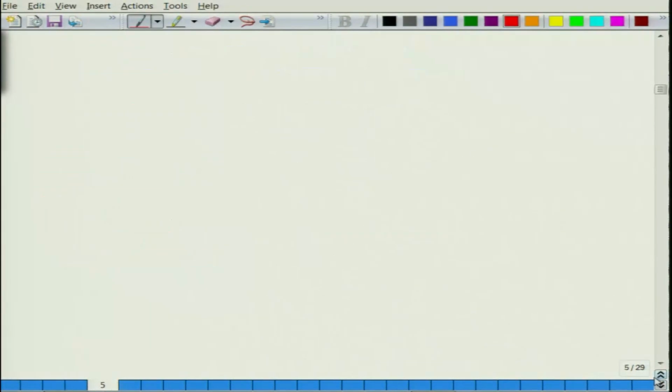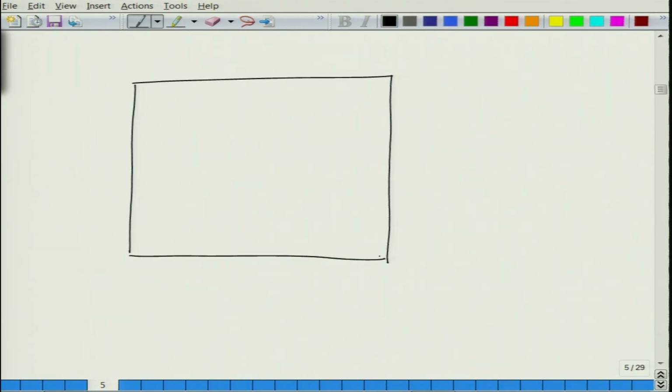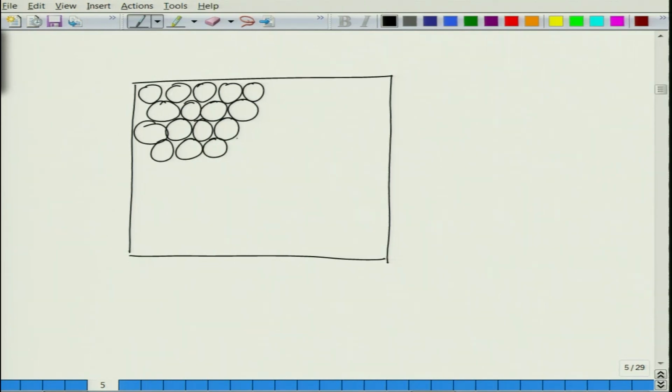Now if we exaggerate this, let us say we have a crystal in which grains here are oriented in this fashion, and then across this region the grains are oriented in this fashion.